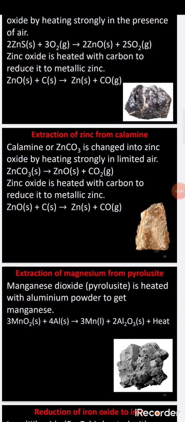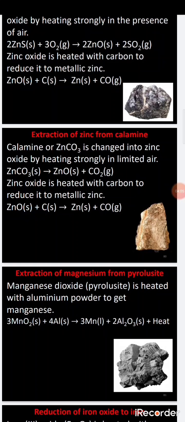Coming to the extraction of zinc from calamine. What is the other name for zinc carbonate? It is nothing but calamine. We write it as ZnCO3. It is changed into zinc oxide by heating strongly in limited air or in the absence of air. Why are we discussing limited air? Because it is done by the calcination method.